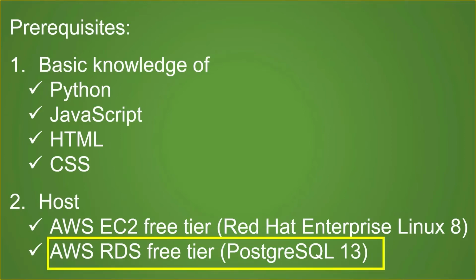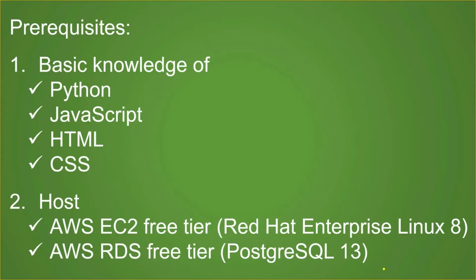For the database server, you prepare an Amazon Web Service RDS free-tier instance with PostgreSQL 13 installed. PostgreSQL is a widely used relational database system along with MySQL. If you have not already prepared two AWS instances, please stop here, prepare them, and then continue watching this tutorial.